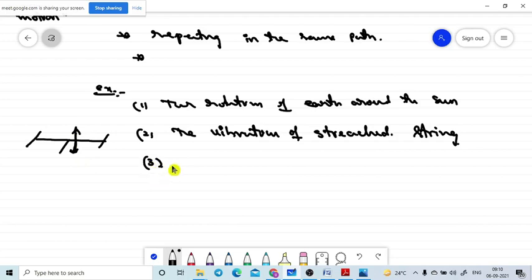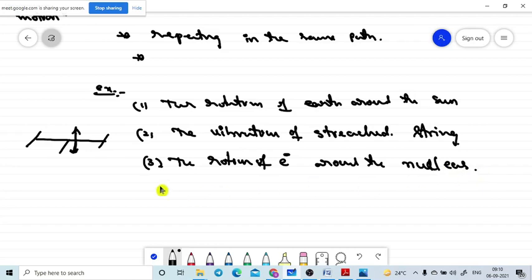Another one is the rotation of an electron around the nucleus. Then the vibrations of the prongs of a tuning fork.